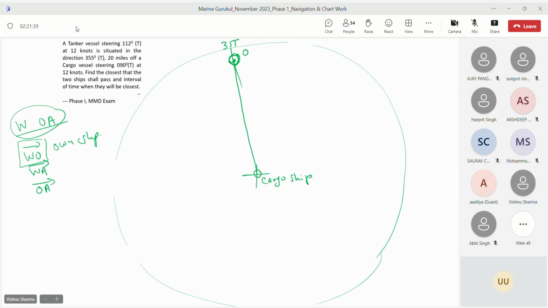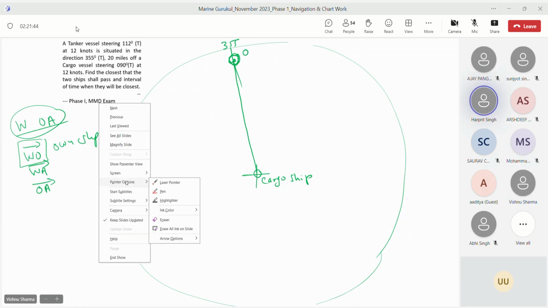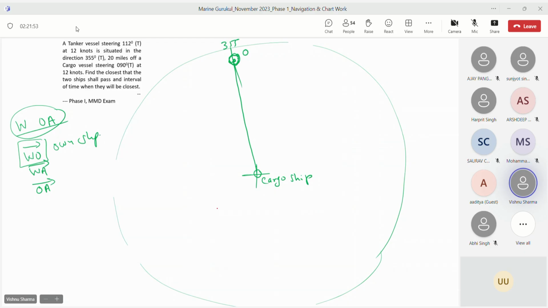So if the 090 has to be from W to O, then I'm sure you'll agree that W will be on this side, because only then will W to O be 090, right? Correct, beta? Have you understood? Yes, sir. Because W to O is 090, not O to W.